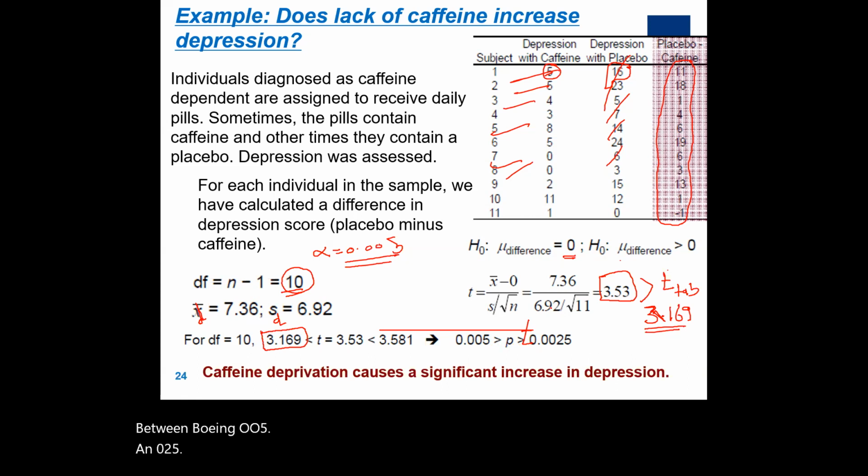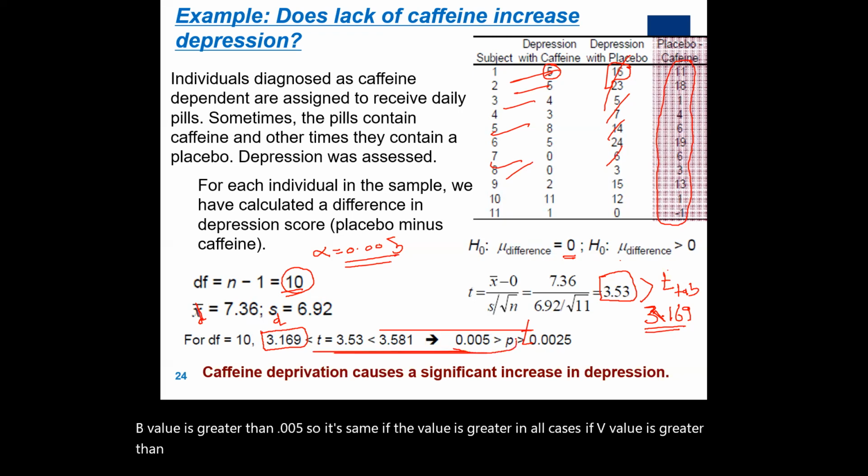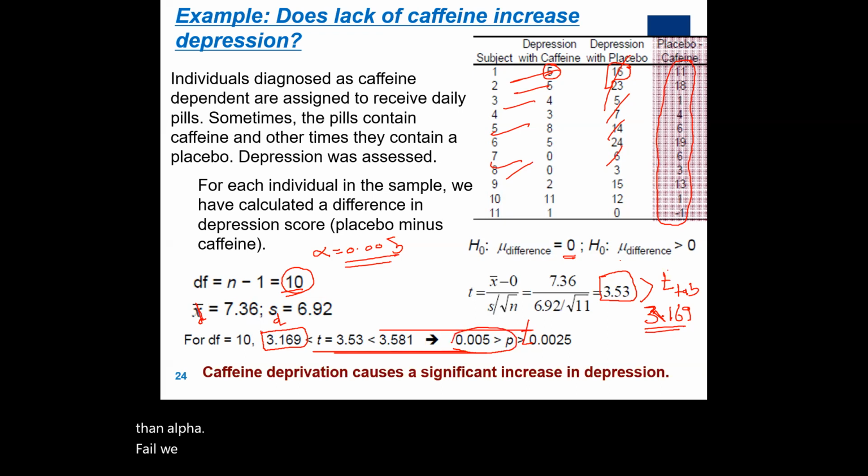So the P value is greater than 0.005. It's the same: in all cases, if the P value is less than alpha, we reject H naught. Here the P value is less than 0.005, so reject H naught.